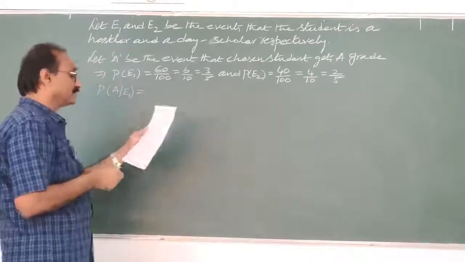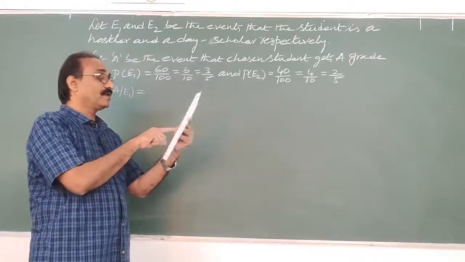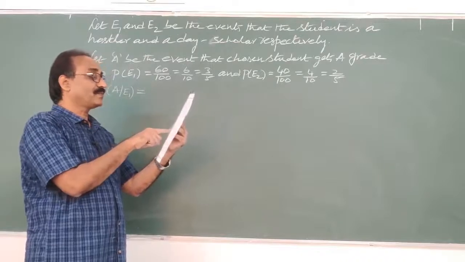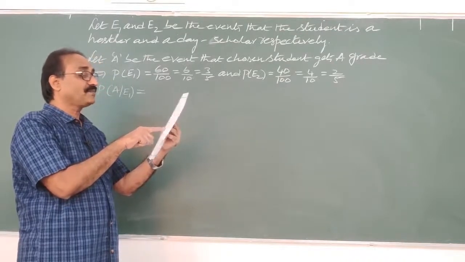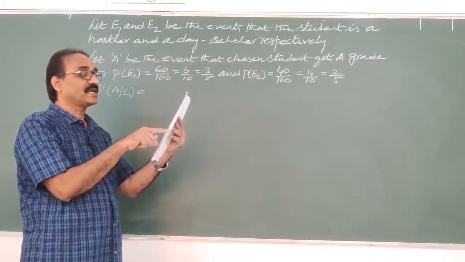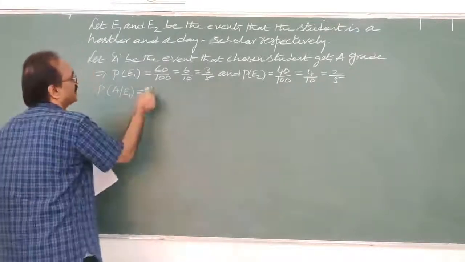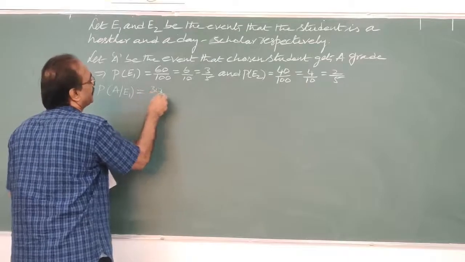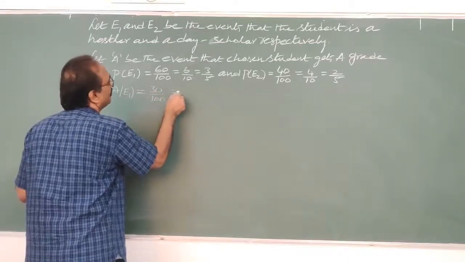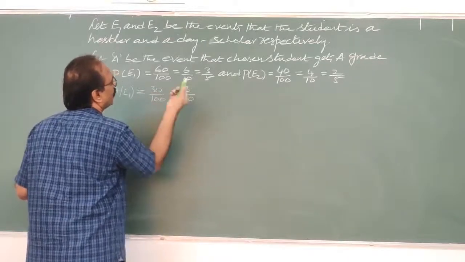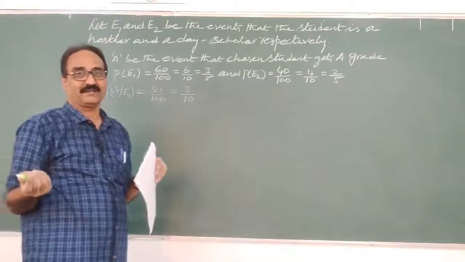How much is given? The previous year's results report that 30% of the students who reside in hostel attain A grade. So 30 by 100, which is 3 by 10. This is the probability of A given E1.